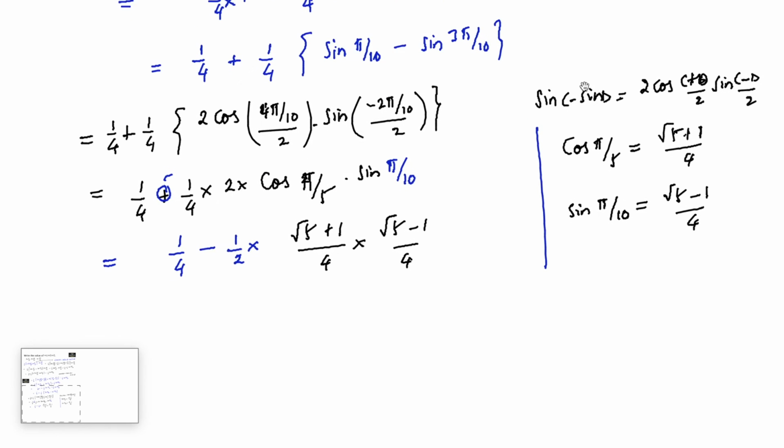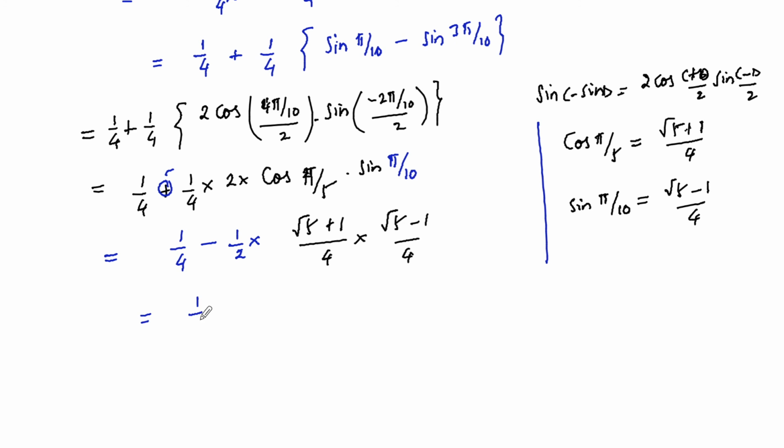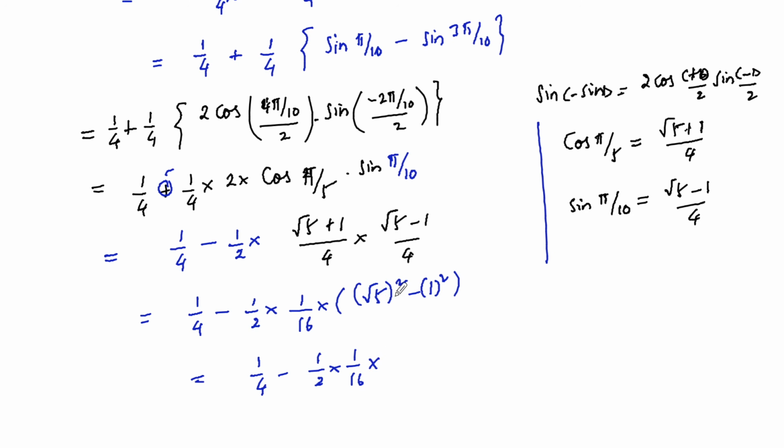So 1 by 4 minus 1 by 2 into 1 upon 16, and root 5 plus 1 into root 5 minus 1, that is root 5 whole square minus 1 square. So which equals 1 by 4 minus 1 by 2 into 1 by 16 into, root 5 whole square is 5, 5 minus 1 is 4, 4 4s are 16, so we are getting 1 by 4 minus 1 by 8. So 1 upon 4 minus 1 upon 8, the LCM is 8, so 2 minus 1 is 1, so the answer is 1 upon 8.